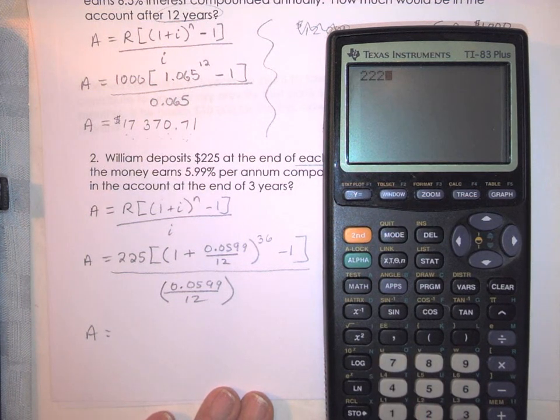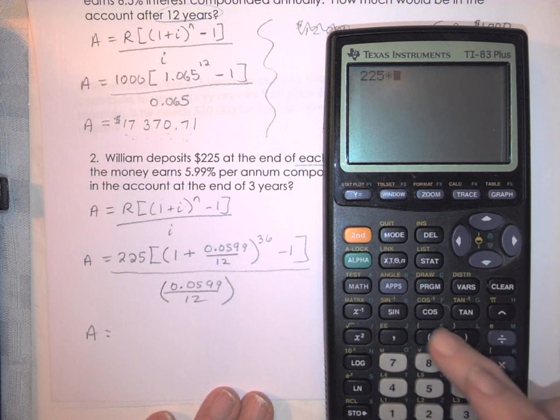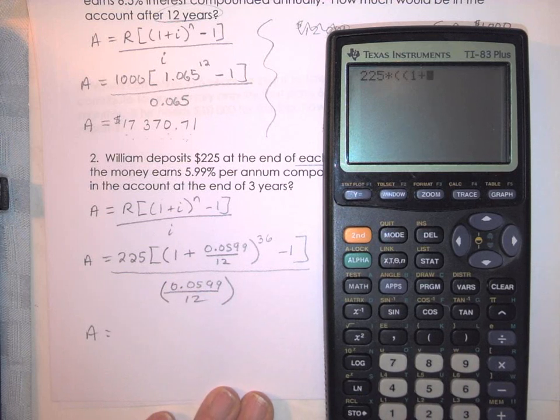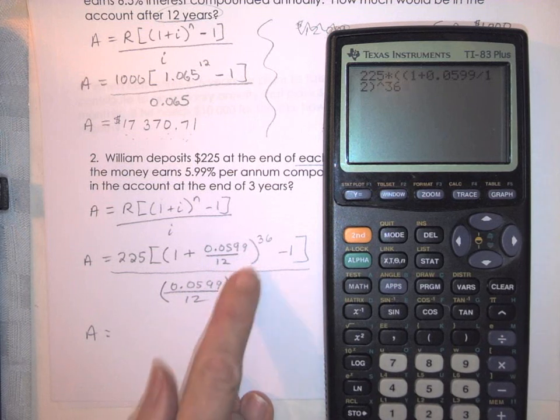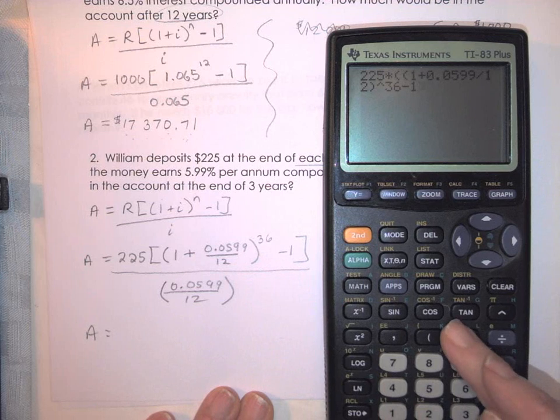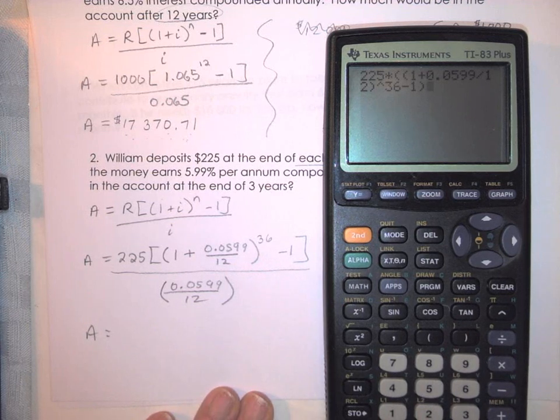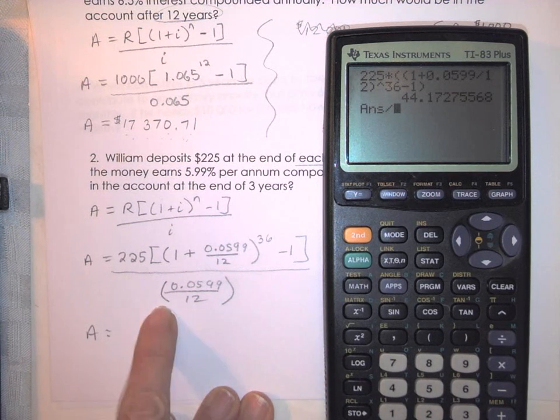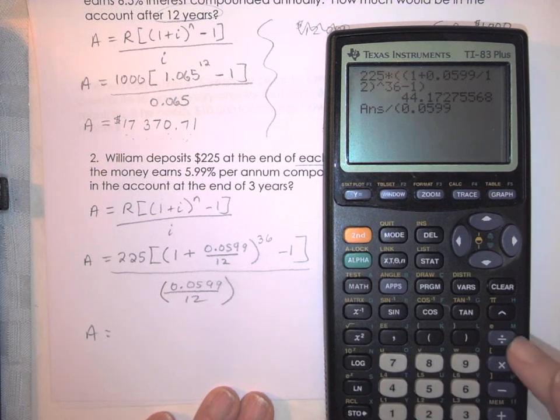So 225 times opening bracket, and then there's another opening bracket. 1 plus 0.0599 divided by 12, closing bracket, over means divided by, to the power of 36 minus 1, another closing bracket, and then I usually press equals here, divided by, because this is a big divide by here, opening bracket, 0.0599 divided by 12, closing bracket, equals.